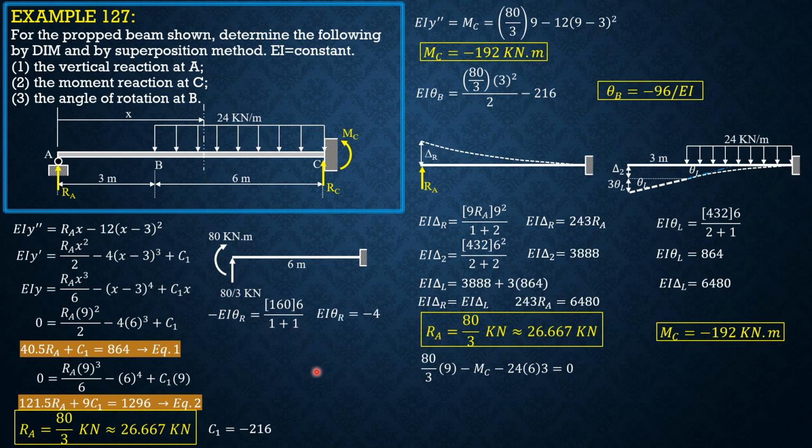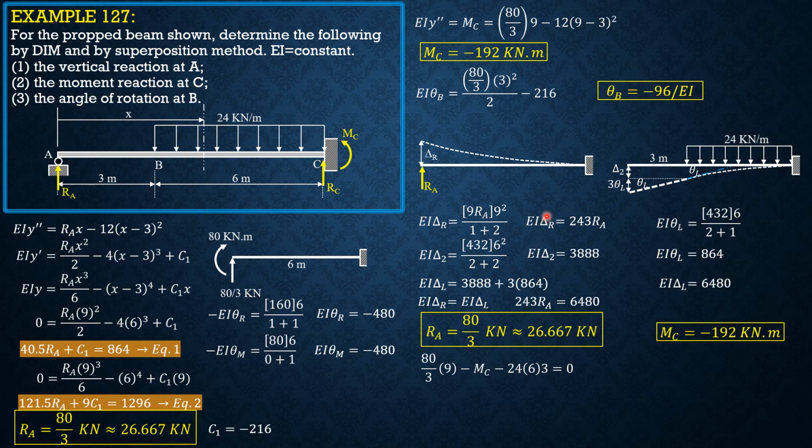So EI theta R is negative 480. Then EI theta due to this moment is moment at the wall, which is still 80 because that's moment. Length 6 over degree 0 plus 1 because the moment diagram for a couple is just rectangular, so it is horizontal, 0 degree. EI theta M therefore is also negative 480.